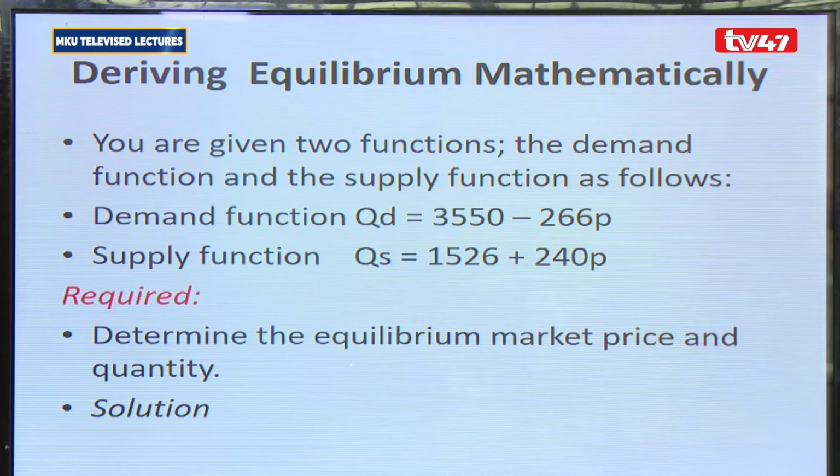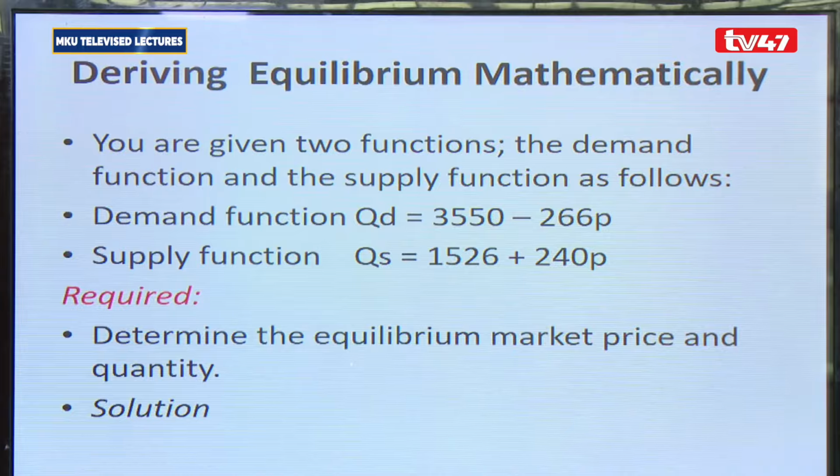We can derive that equilibrium mathematically, and I want to give just one example. We have a number of examples which you can work at home, or you can even engage me online. Supposing you are given two functions.